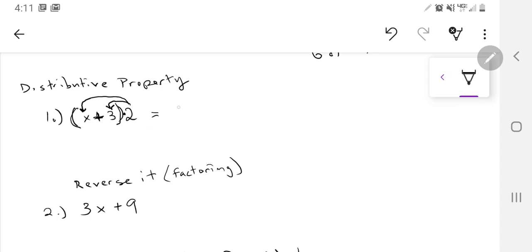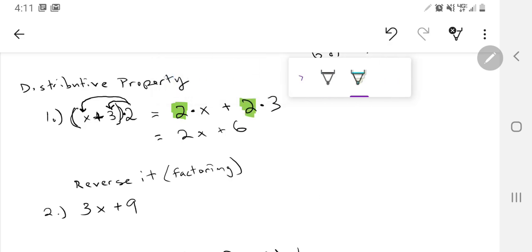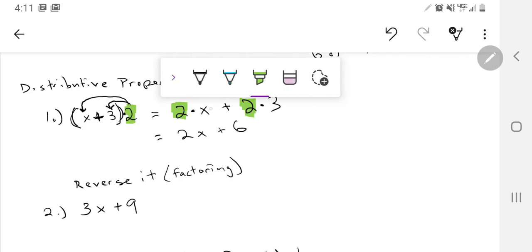So what we get is 2 times x plus 2 times 3, which would simplify to 2x plus 6. All right, notice how we have a common factor distributed out to each. That 2 that was originally here is now spread out to both of the terms that were inside the parentheses.